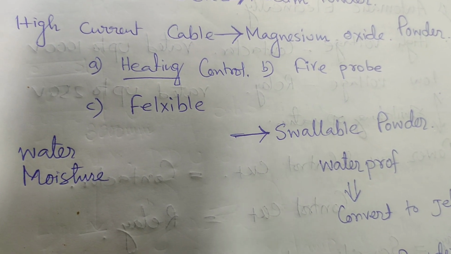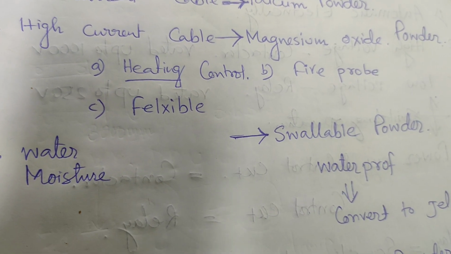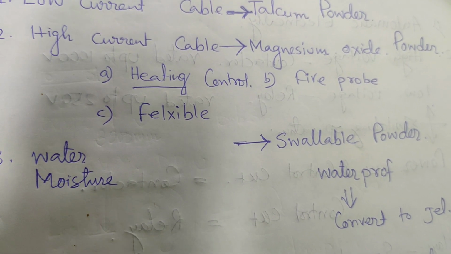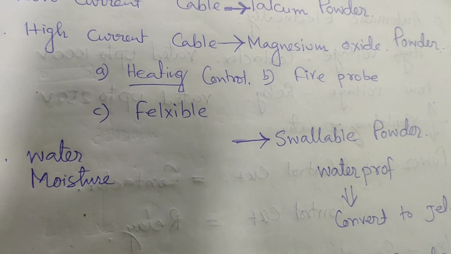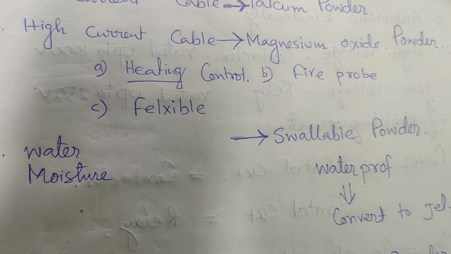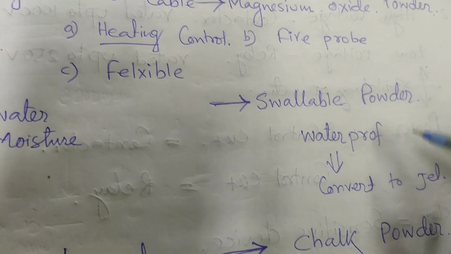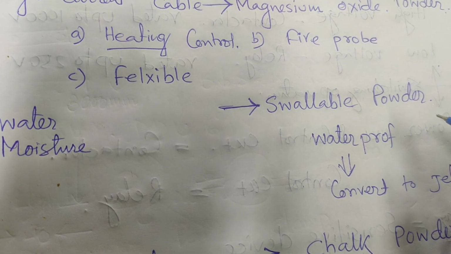That will protect the layer of the cable, and the layer of the cable will not be affected by heating, because the gel absorbs the heat and evaporates it. So this is a very important feature of the soluble powder cable.